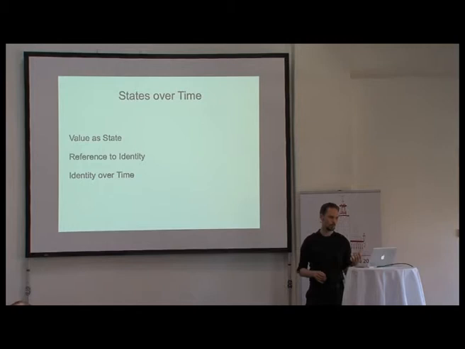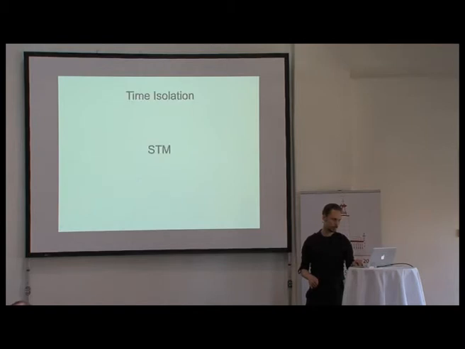But you also have the concept of an identity, which you can reference, and identities can change over time. And under the surface, Clojure uses software transactional memory to do this, to isolate points in time from each other. But I won't go into the nitty-gritty of how that works, just so you know that this is the way to do concurrency.